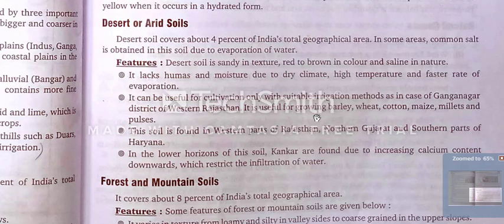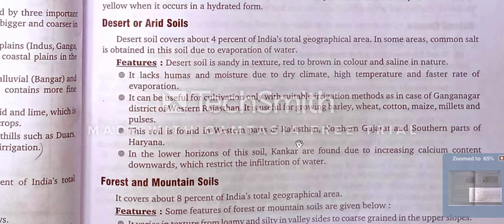Barley here, its synonym is hardly. Hardly means बहुत मुश्किल से, कठिनाई से. Okay, hardly. Wheat, cotton, maize, millets, and pulses. Okay, these crops can be grown with suitable irrigation method.